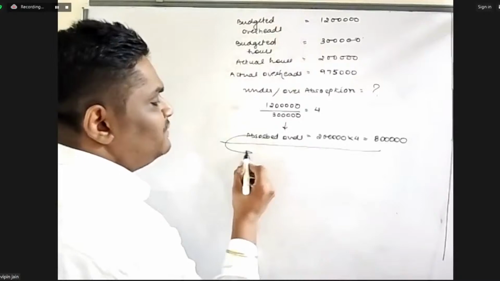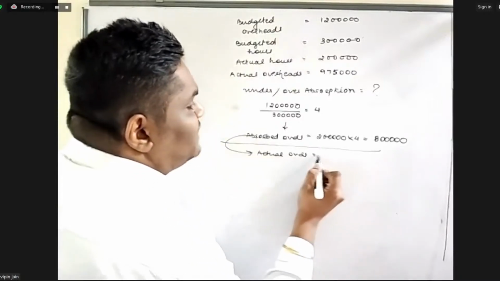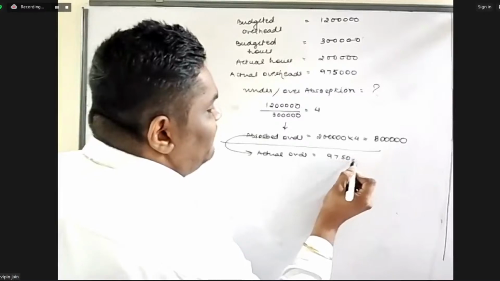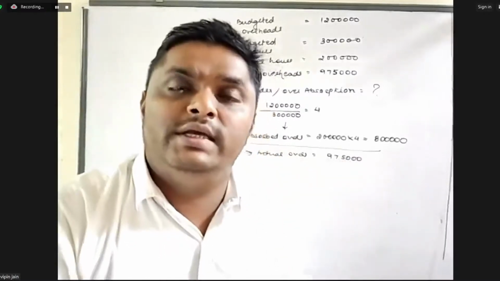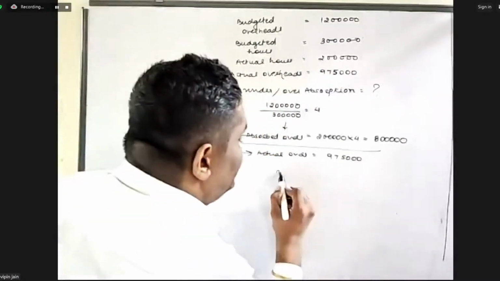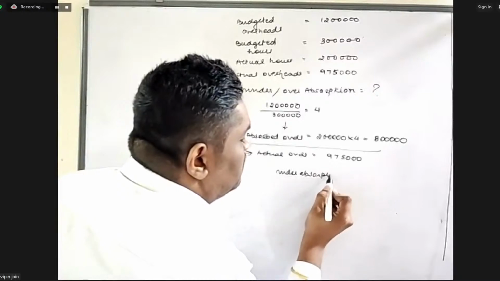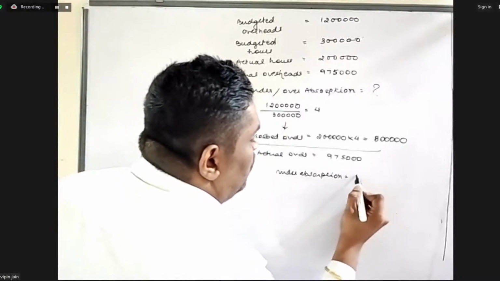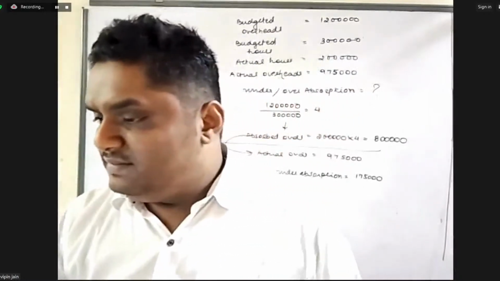Now compare these absorbed overheads with actual overheads. My actual overheads are 975. So overhead absorbed is less than actual overhead. Overhead absorbed are less than actual overheads. So we call it under absorption, 1,75,000. So Miss Vadlamani, please refresh your concepts.